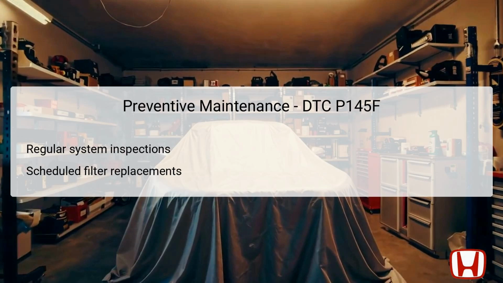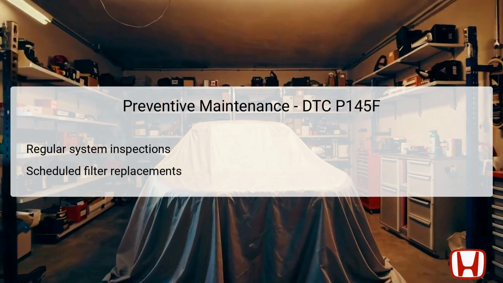Preventive maintenance plays a vital role in avoiding the recurrence of issues related to the DTC P145F and similar error codes. Regular system inspections should be scheduled to check for blockages, leaks, and overall system integrity. These inspections will help catch any potential problems early before they escalate into more serious issues. Additionally, scheduling regular replacements of filters within the EVAP system can prevent unnecessary strain on components, thereby extending their functionality.